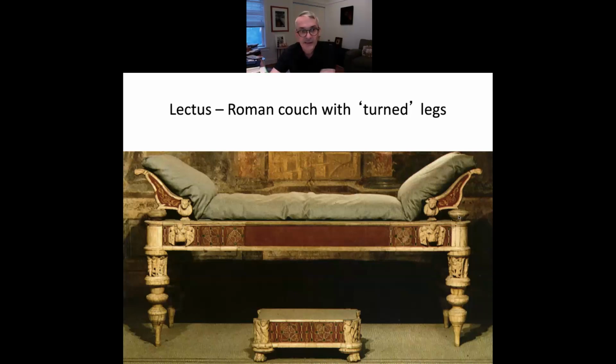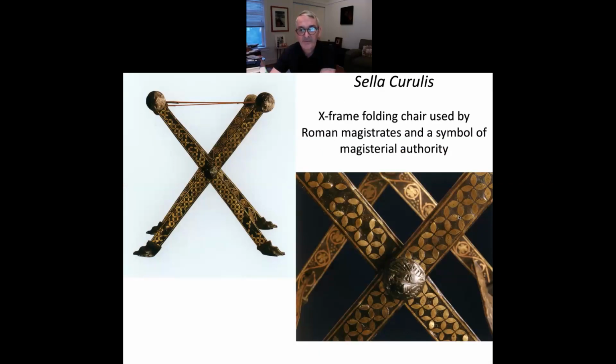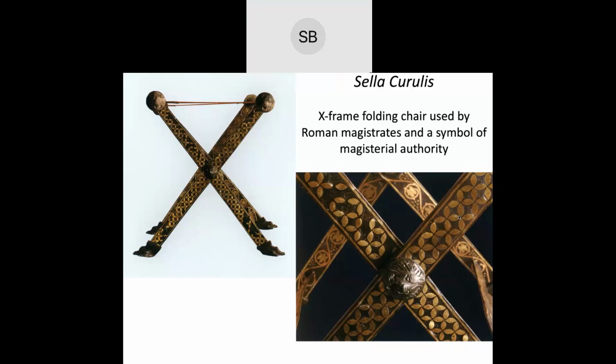Here, a Roman couch is called a lectus. And here, sella curulis. Stephanie, did you do the sella curulis for the vocabulary? Yes, I did. Well, it was a very good entry. Would you like to tell us a little bit about it?